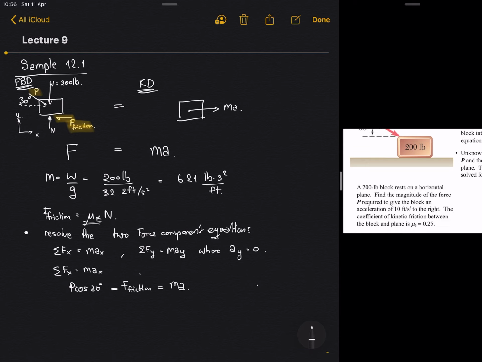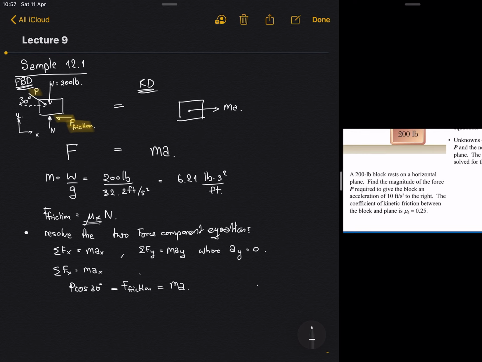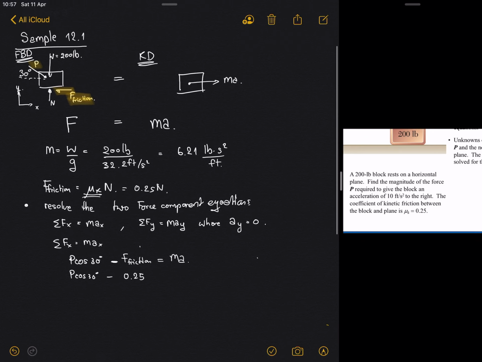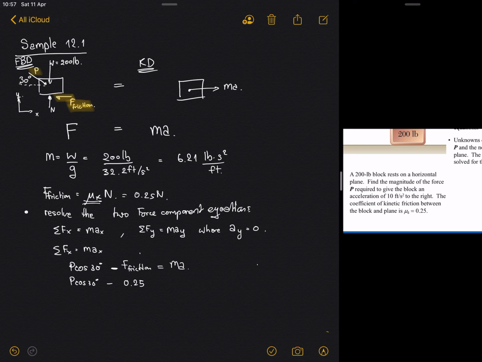And then what is given here on the right side? We have P cos 30 minus 0.25, which is our friction coefficient here, multiplied by N. And the mass we already defined up there, we have 6.21 pound second square per feet.